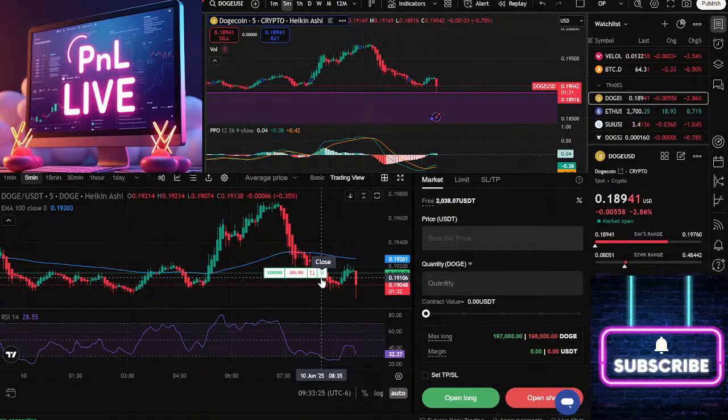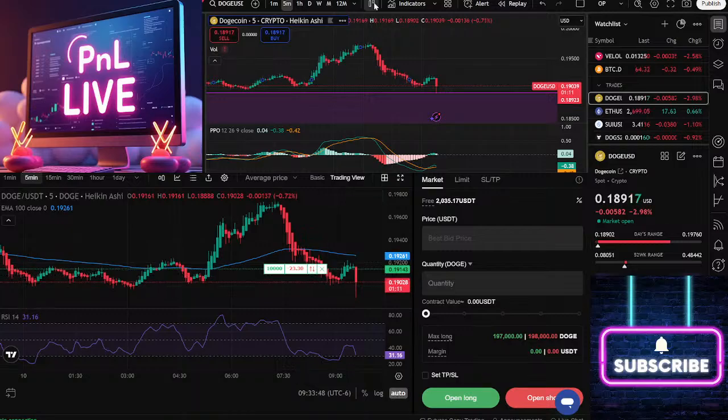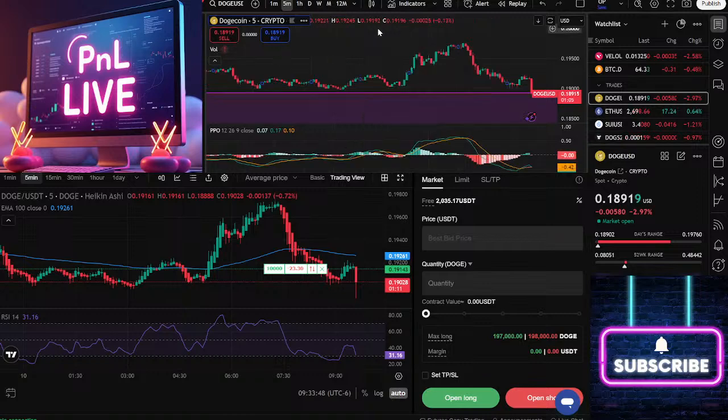It's a huge candle to the downside, which isn't good, but so far it's really respecting that support. Big candle to the downside.